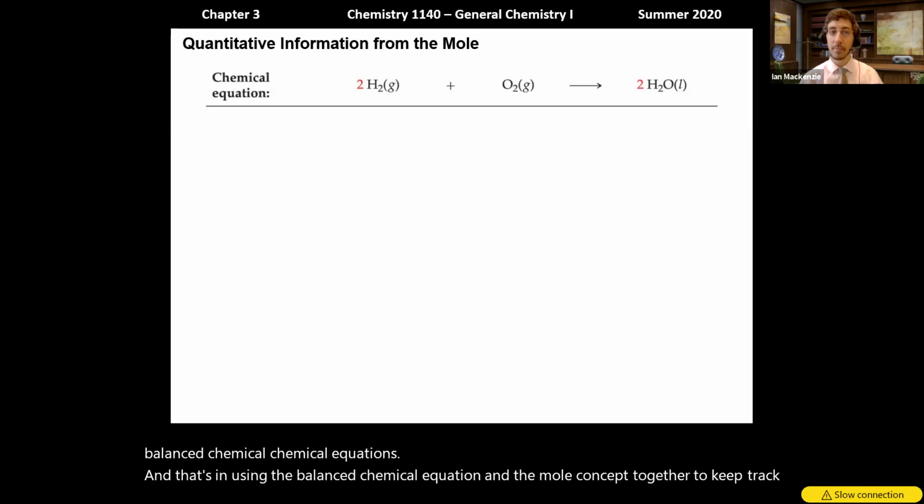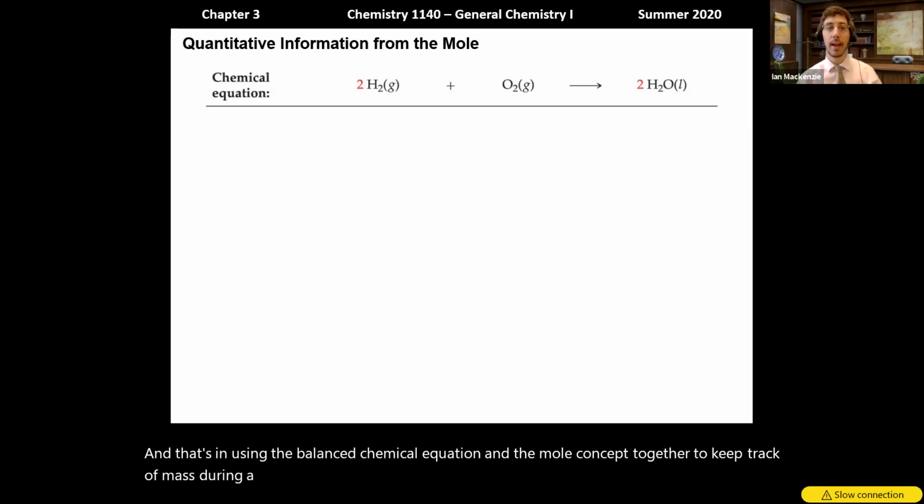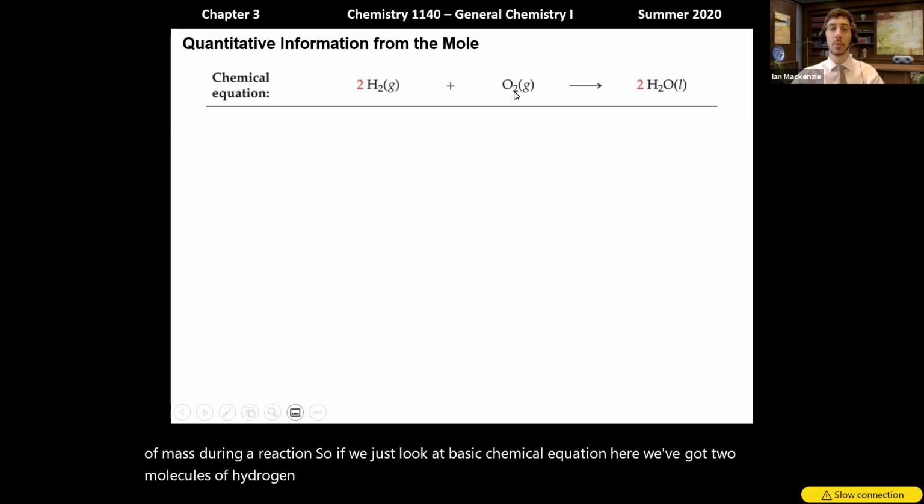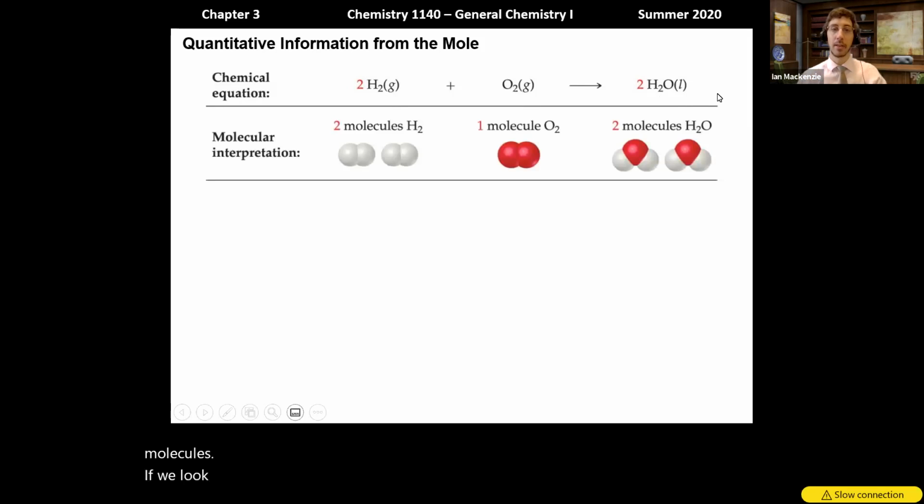So if we just look at a basic chemical equation here, we've got two molecules of hydrogen gas, H2, reacting with one molecule of oxygen gas, giving me two water molecules. If we look at that from a molecular perspective, we can see it in a cartoon depiction here.